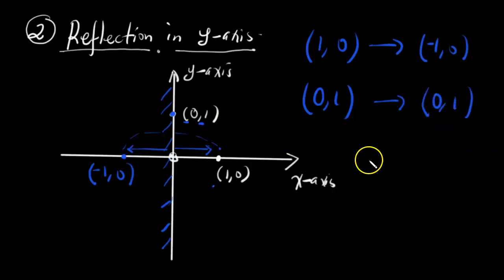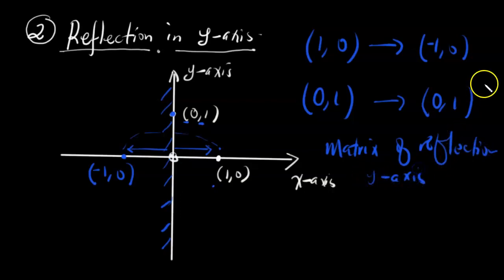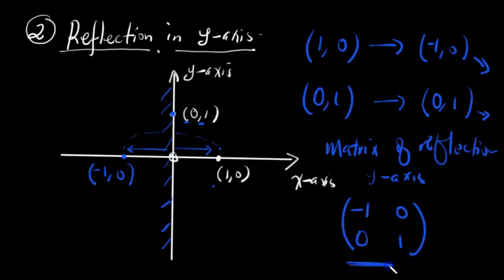So the matrix of reflection in the y-axis is going to be the first point, the one we talked about on the x-axis, written in vector form, negative 1, 0. And the second point's image you write in vector form, 0, 1. This is the matrix of reflection in the y-axis.